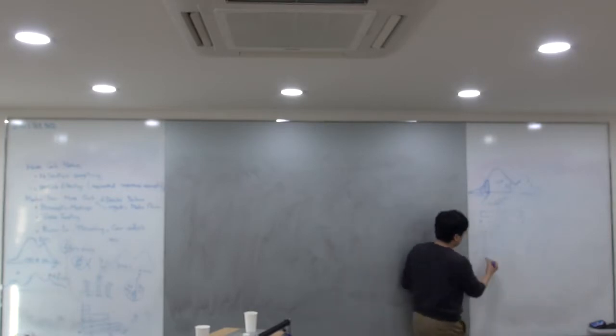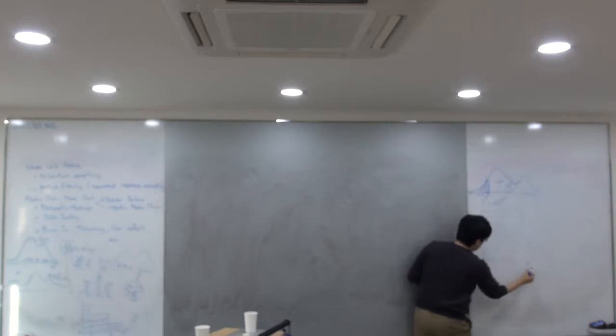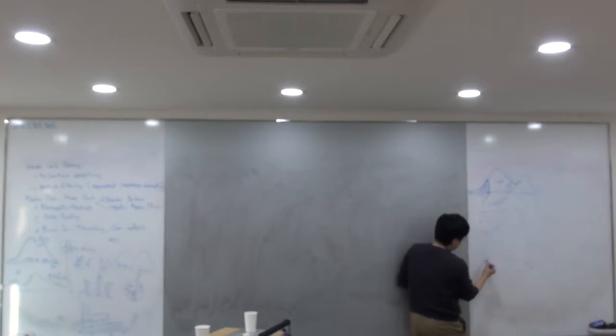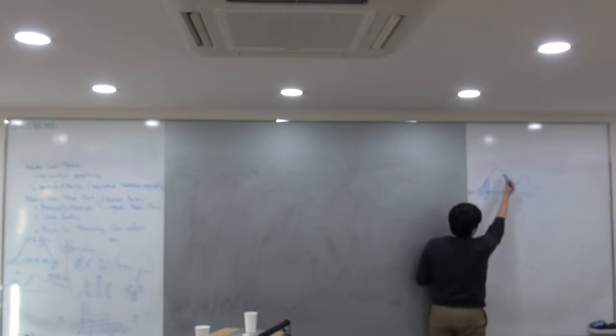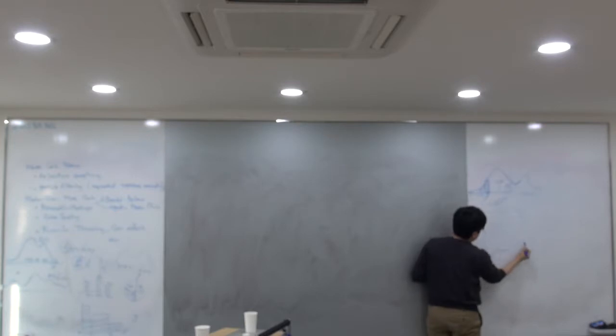Because the CDF function starts from 0. If you're thinking that this one is minus infinity, then it starts from 0. Somehow it increases, and increasing speed gets a little bit slower here, and increase.